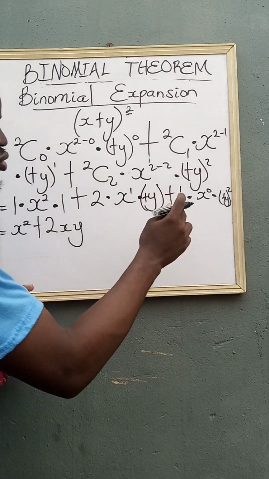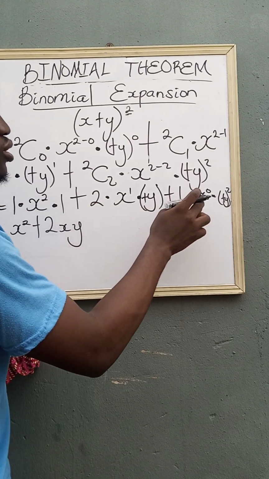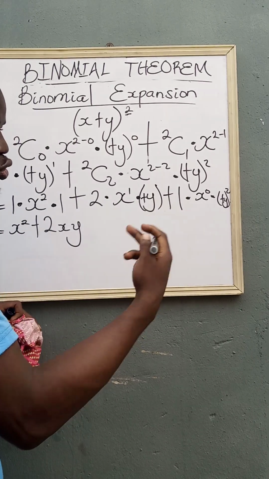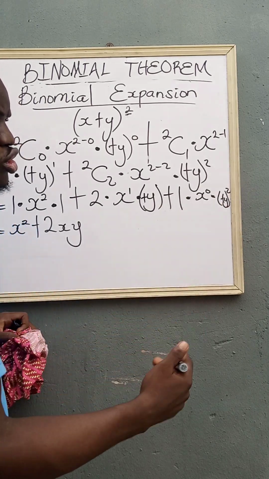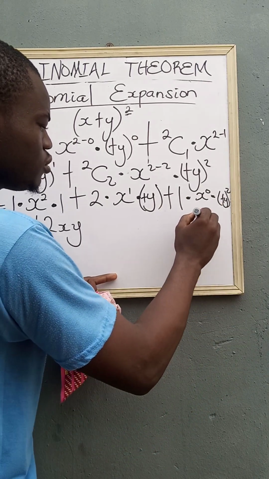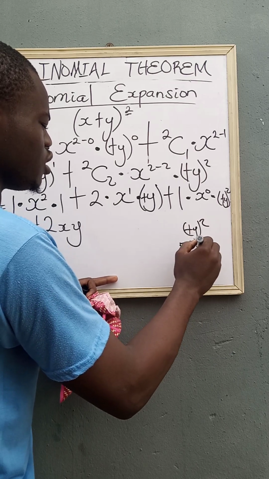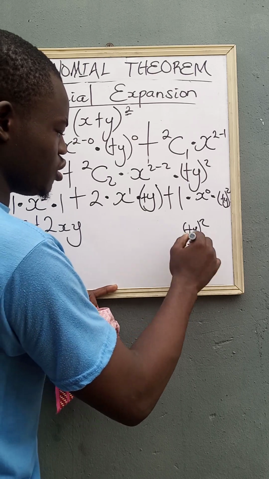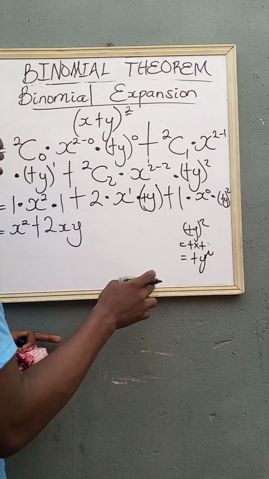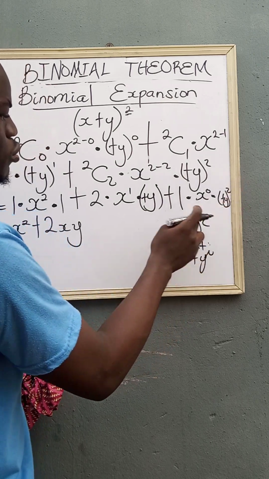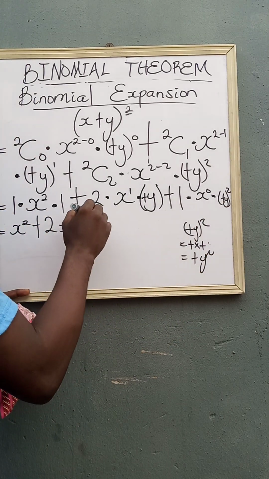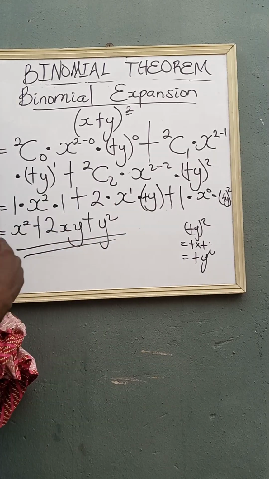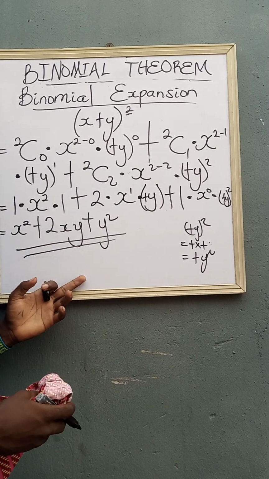Same thing happens here. x to the power of 0 is 1. 1 times plus 1 gives plus 1. Plus y squared still gives us plus y squared, because plus times plus is plus. So plus y squared multiplied by plus 1 gives us plus y squared. And this results in the initial answer we had before, if you could remember.